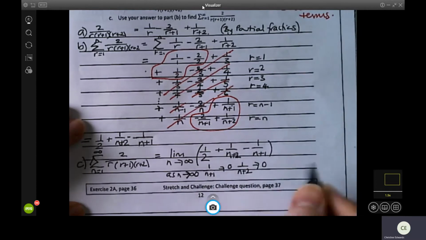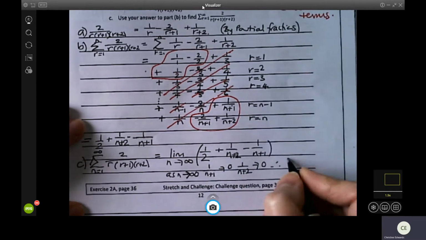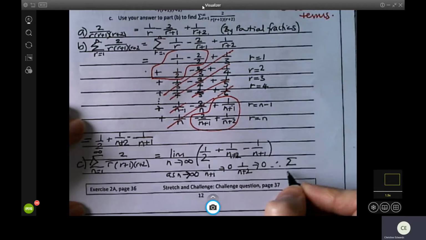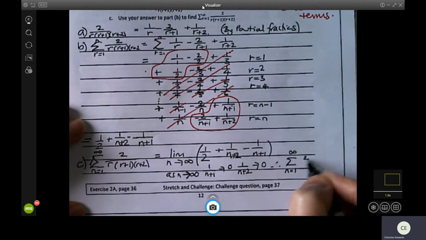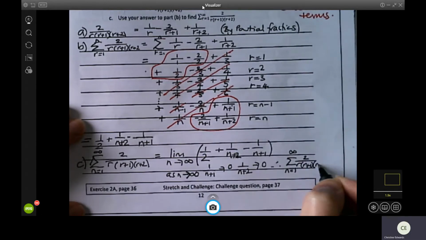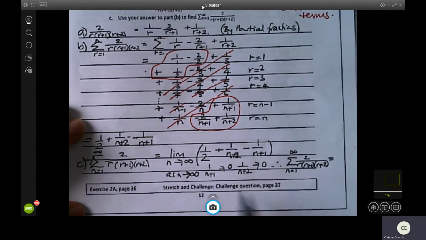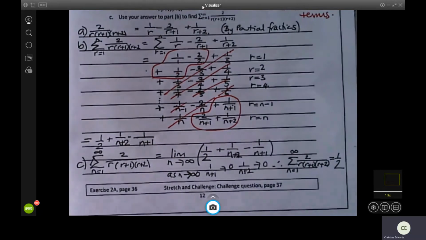So that means that my sum, they've asked me for in the question, from r equals 1 to infinity, 2 over r, r plus 1, r plus 2 equals, those two are naught, so we are left with a half. So my limit, or my sum, if I go all the way to infinity, is equal to a half.